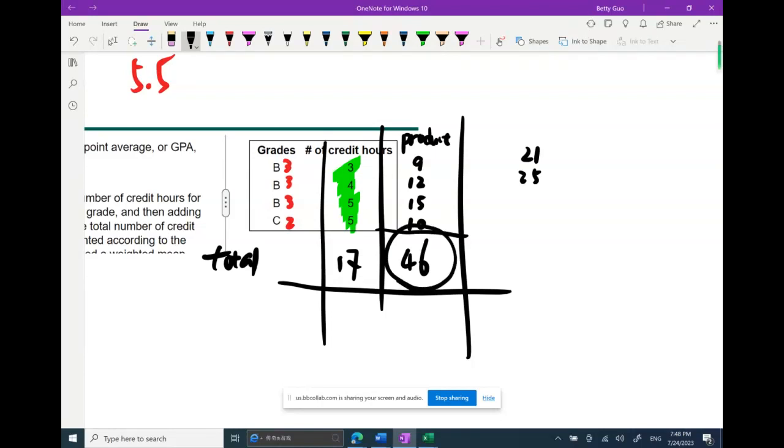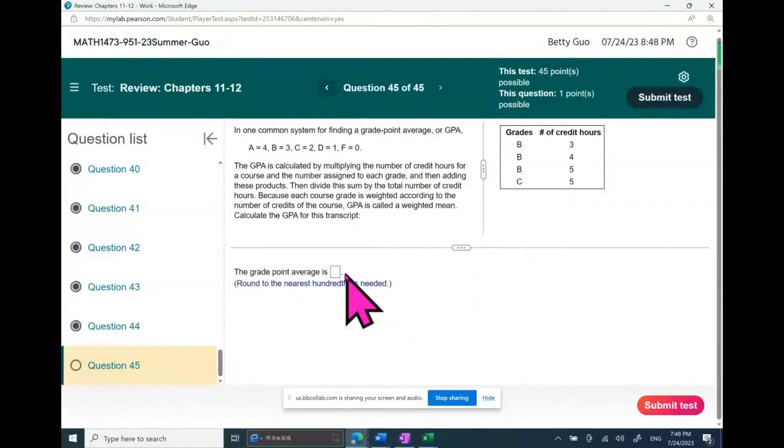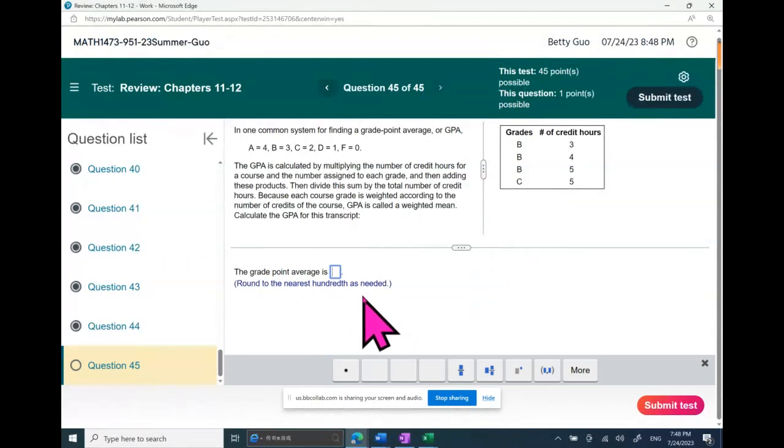And then use the sum of those products divided by the sum of the credits. 46 divided by 17. Let's see, what do we have? Round to the nearest hundredths, so keep 2 decimal places. 2.71.